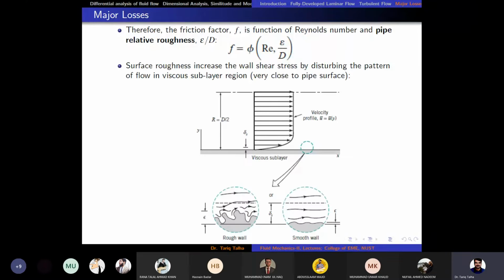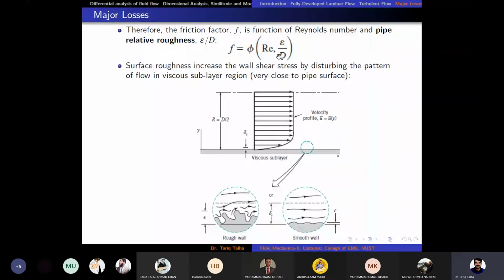But for turbulent flow, as we discussed, the viscous region shrinks towards the pipe surface, and the velocity in the near-surface region becomes very disturbed by the surface roughness. That's why we consider surface roughness in case of turbulence. Right.